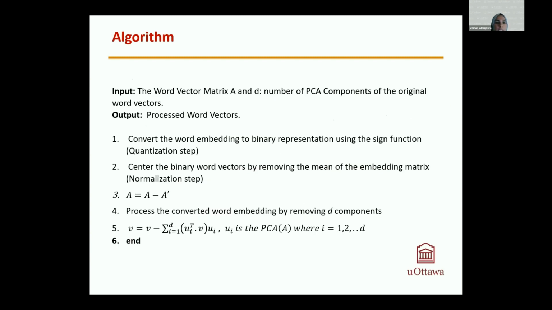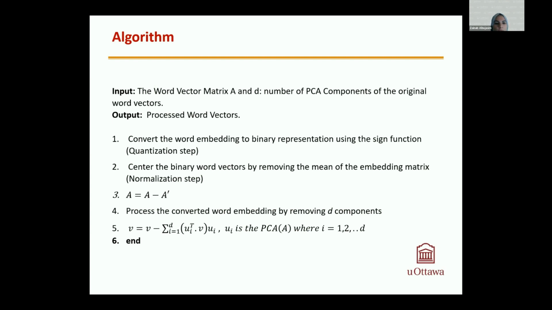So this is basically our algorithm. The input is the word vector matrix A, and to post-process the embedding we also need the principal components. Initially, we calculate the principal components using principal component analysis, and D represents the principal components. After that, we convert the word embedding into binary representation.